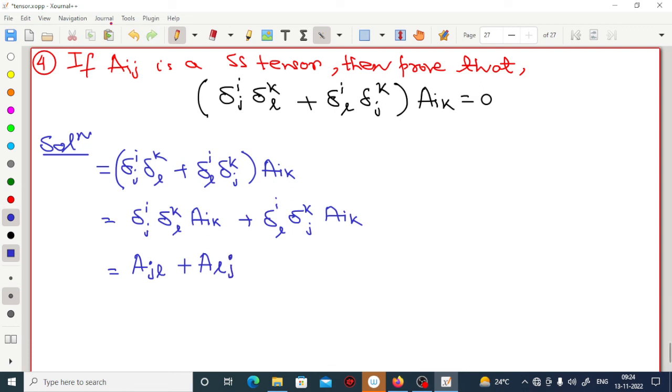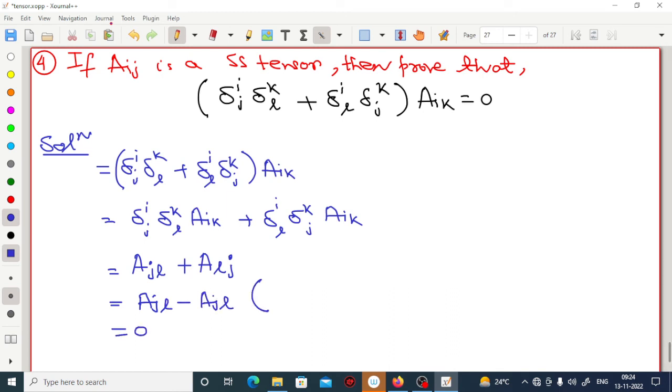I write this: AJL plus ALJ, and I hope you understand that this one will be 0. Why? AJL is equal to negative of ALJ, that is equals to 0.